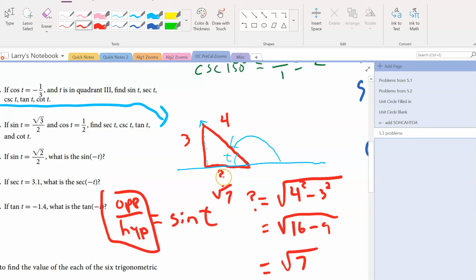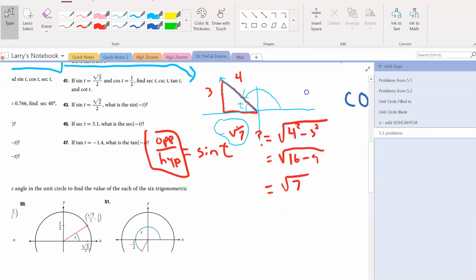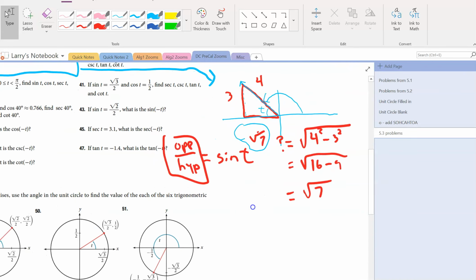Now, since we're in the second quadrant, here's our origin. This distance right here is towards the left, so this is negative square root of 7. So we're ready to find all of our values now.